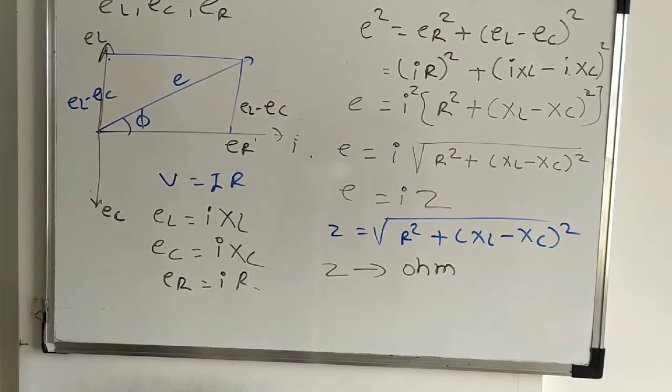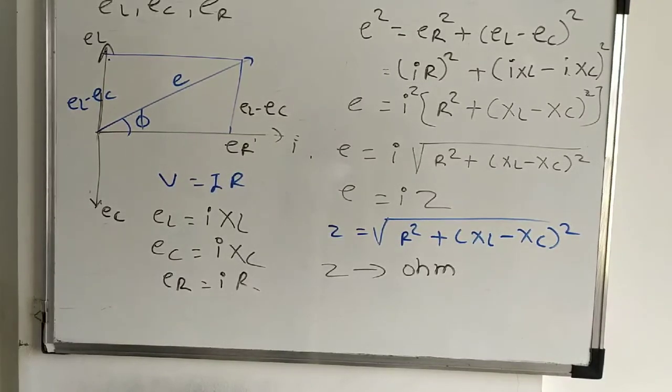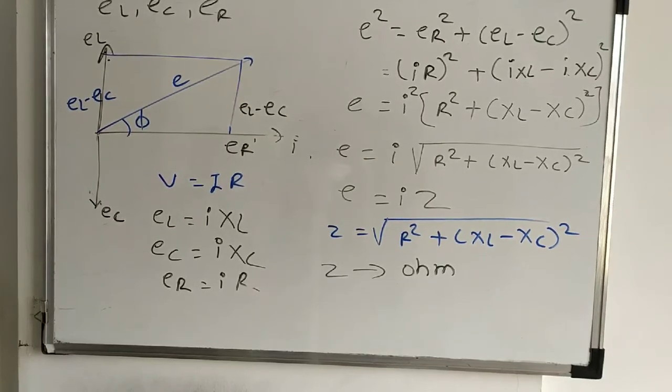If you connect these all together, then the resultant opposition offered by all these three is denoted by Z, and the equation for Z becomes under root R square plus (XL minus XC) square. The unit for XL is ohm, the unit of XC is ohm. Similarly, the unit of impedance, that is Z, the opposition of all three, is also ohm. So this is about the topic in the AC circuit.